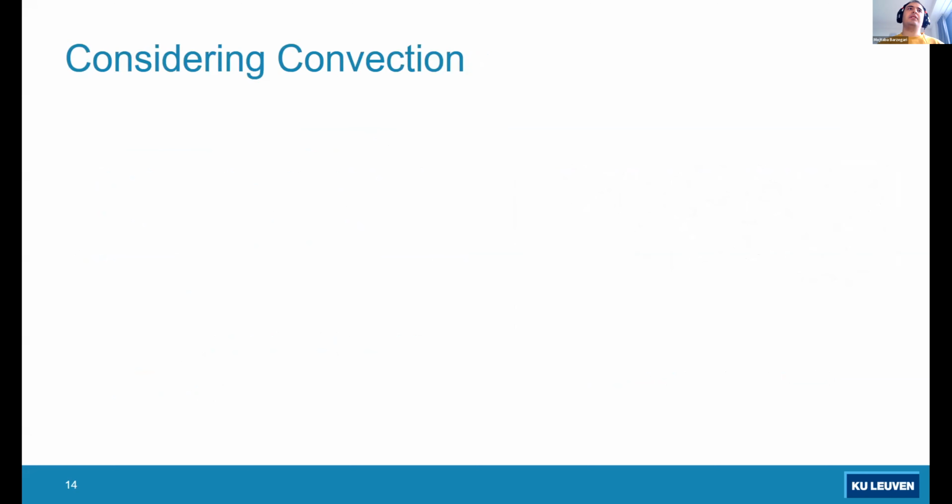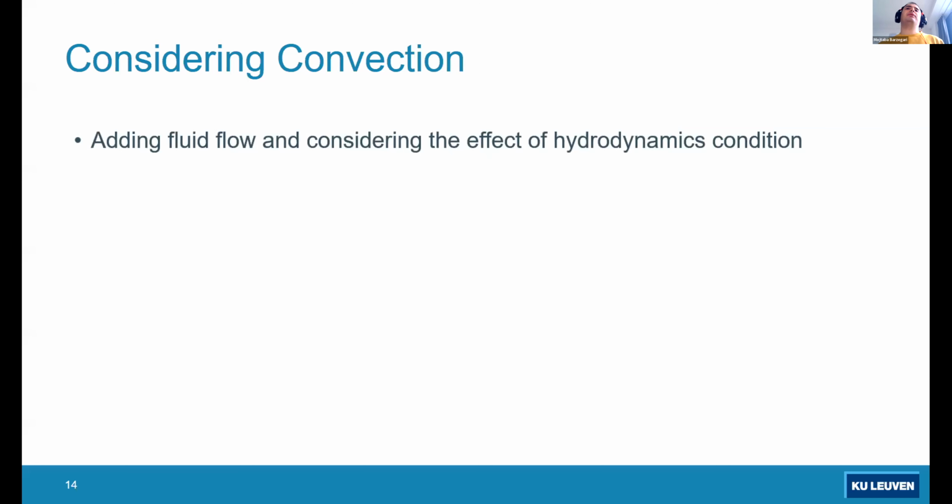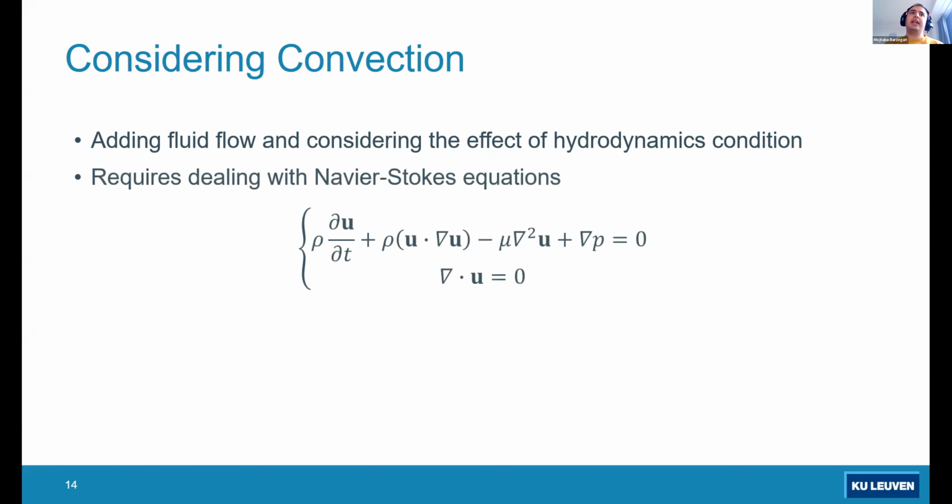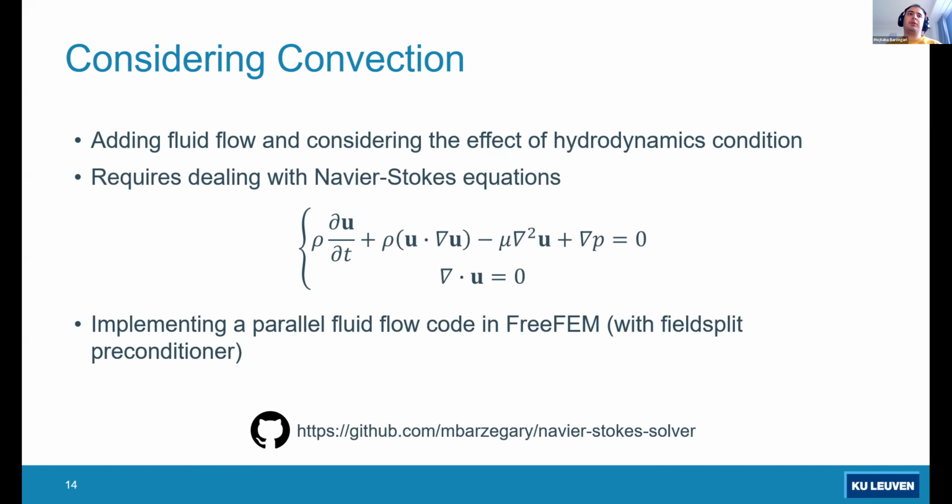And then if we want to consider convection, it means adding fluid flow, and simulating hydrodynamic conditions requires dealing with the Navier-Stokes equation. For doing that, we have also implemented a parallel fluid flow code. This is also freely available in a repository on GitHub. And this has been a source of a couple of discussions in the FreeFEM community regarding the schemes and preconditioners that I have used.